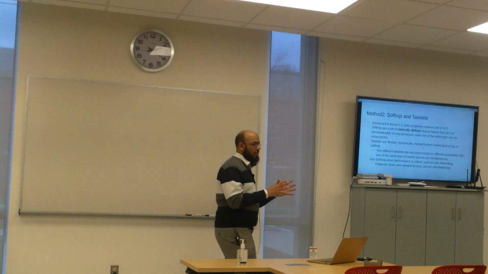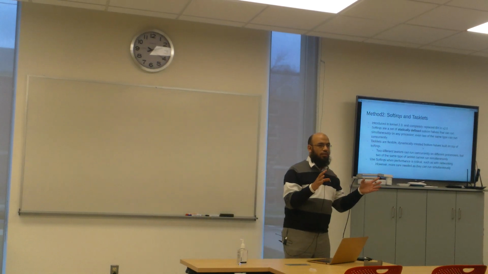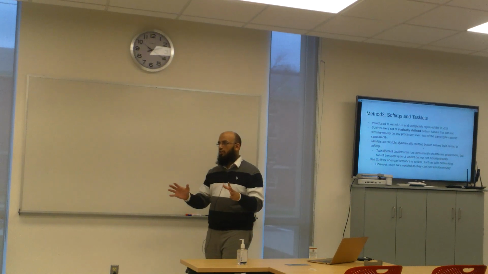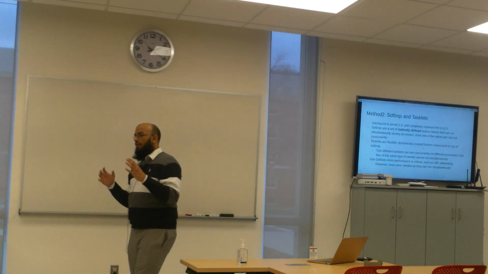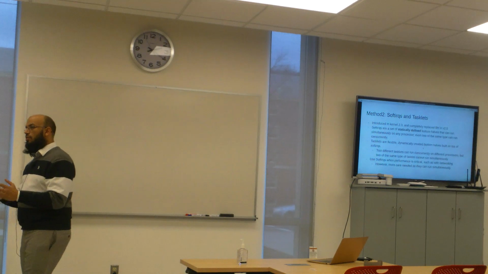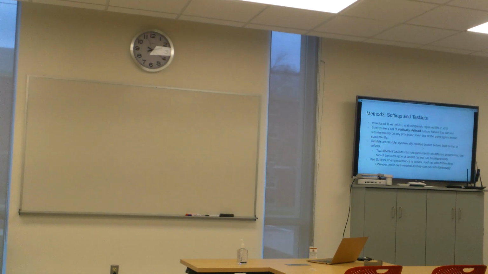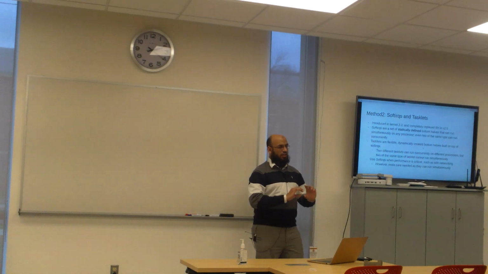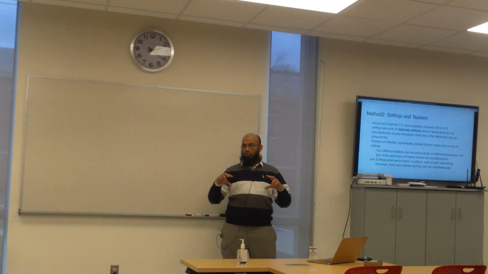SoftIRQs basically say that there are 8 bottom halves, not even 32, just 8. And these 8 are statically defined. You can add one if you want. The book has multiple ways to add a softIRQ, but at the end of the day, nobody does.